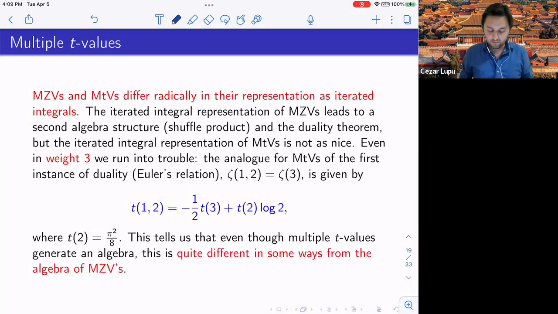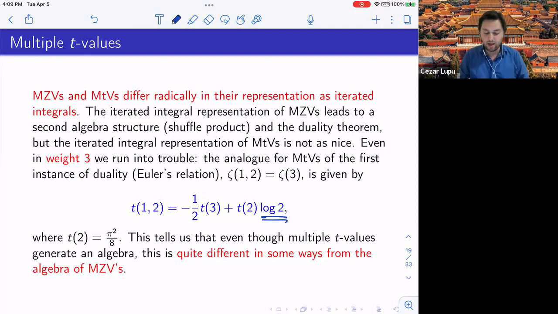Just look at this example. If I'm trying to find the analog of Euler's relation, just like for t(1,2), I have this extra term here, like log 2. Unfortunately, this will happen. So if you're trying to build linear relations in the same way as you did for multiple zeta values, you can just forget about it.